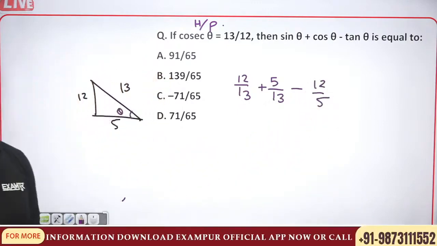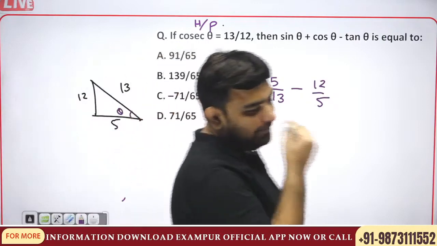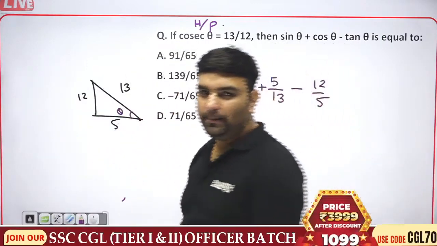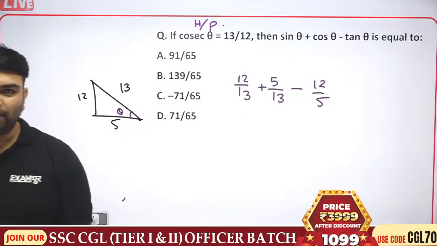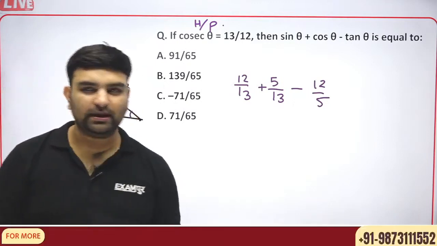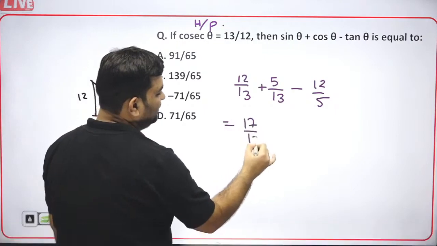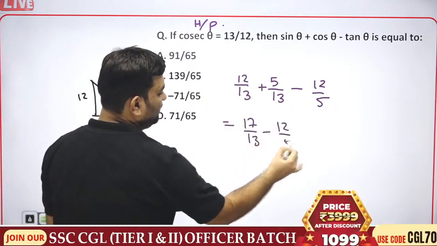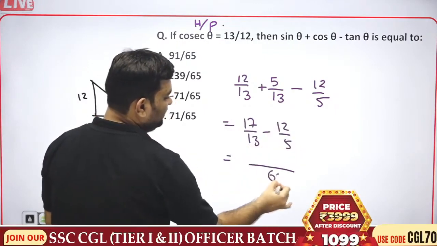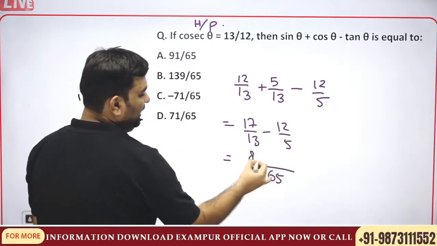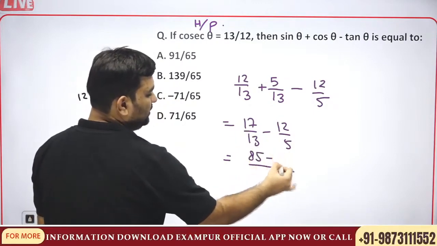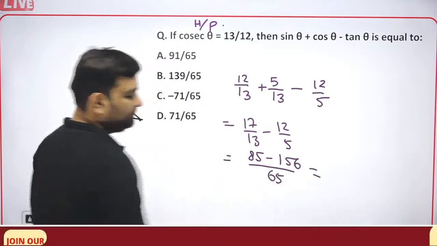Don't be prejudiced, because there is something in the minus as well. 17 by 13 minus 12 by 5. 65. 85 minus 156.